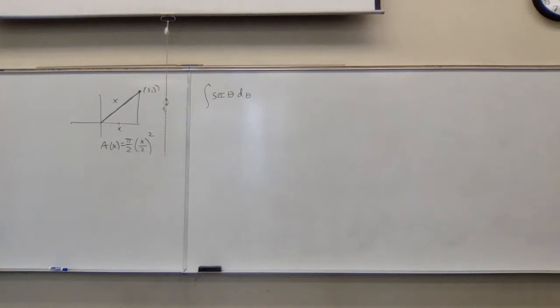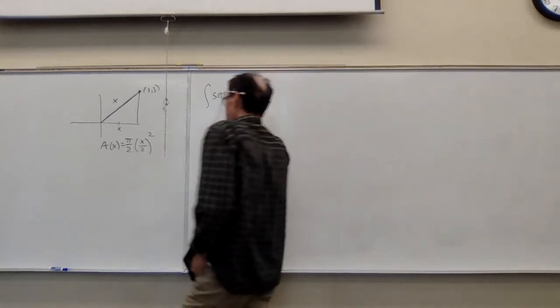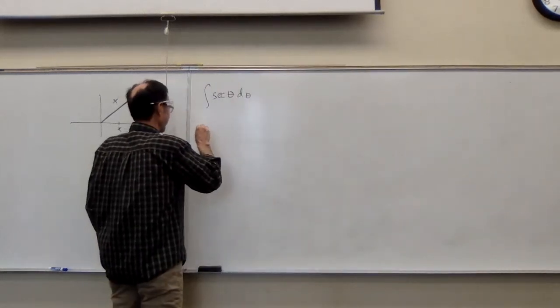Well, what we need is a genius insight. Some super creative person, not me. I just copied that creative person. Okay, came up with this idea, and let's follow through and see why it's a good idea and how it's going to help us.